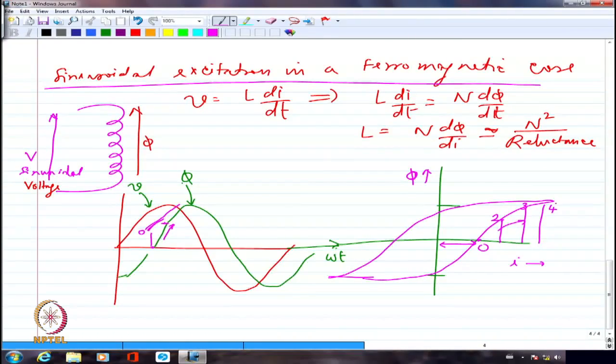But as I reach the saturation point, the increase in flux is not much, but the increase in current will be more. I hope you understand. At this point, the increase in flux is not much, but the increase in current is quite a bit.